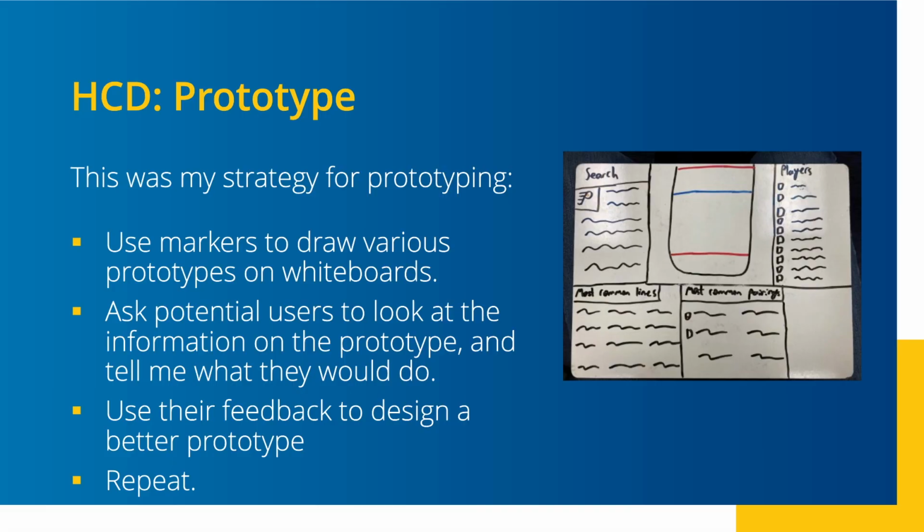Then I went to some potential users and asked them to look over the information on the prototype, give me some feedback, and walk me through what they would do when faced with a decision they would have to make, once again going back to the problems that I had identified earlier, to figure out how they would use my prototype to solve the problem.